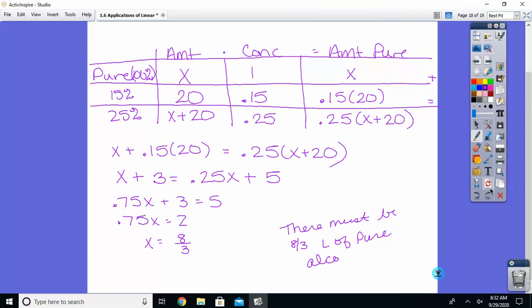It was the alcohol. This is like a 1x. So when you subtract the 0.25, 1 minus 0.25. Other questions?